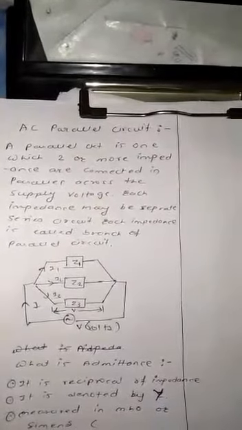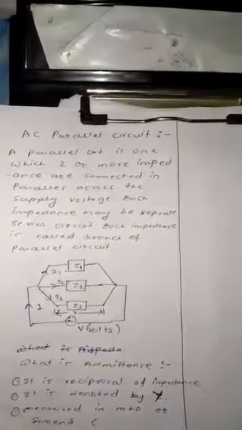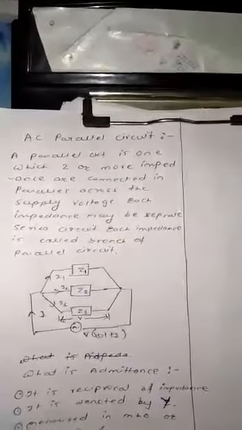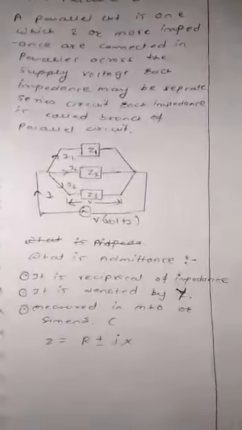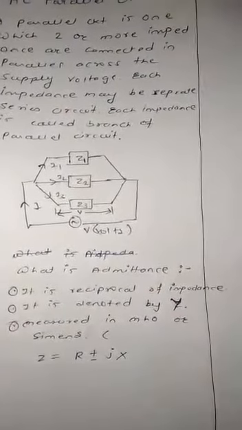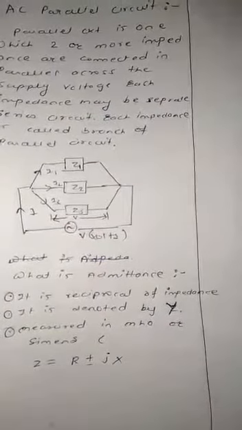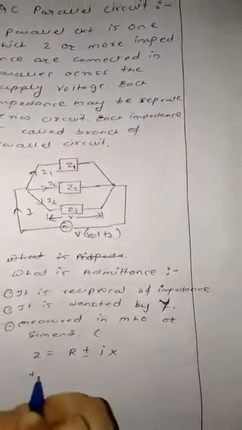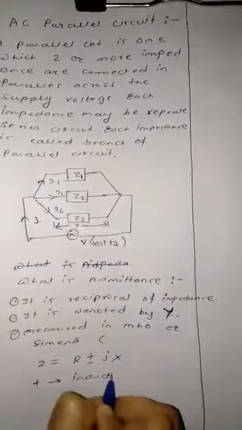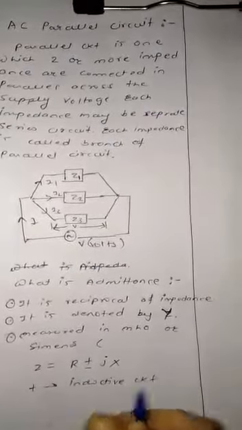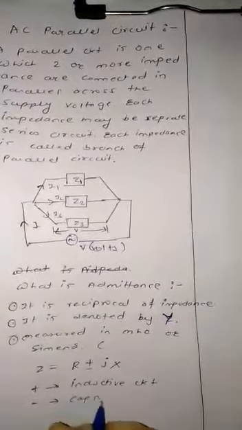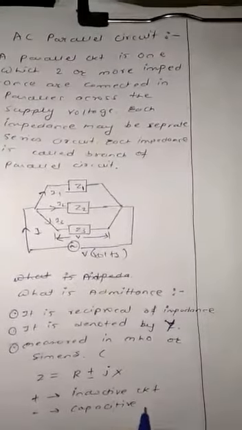Now consider an impedance given as Z = R ± jX. The positive sign indicates an inductive circuit and the negative sign a capacitive circuit.